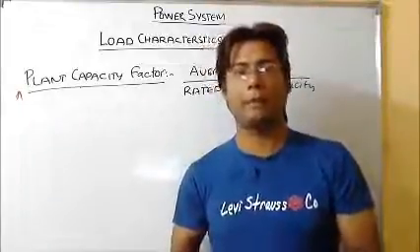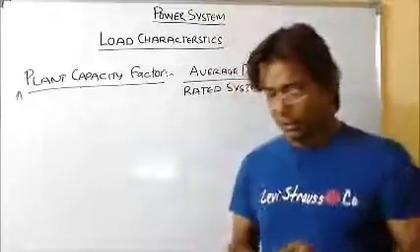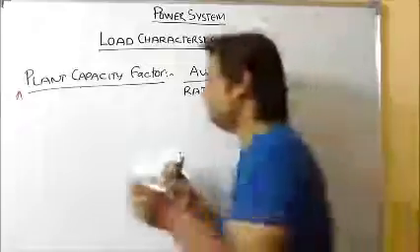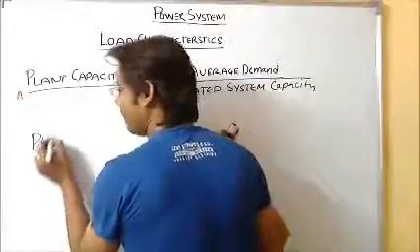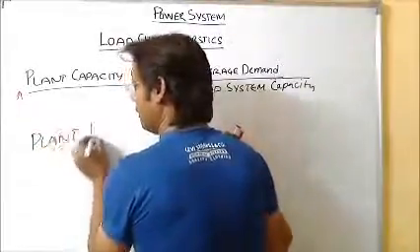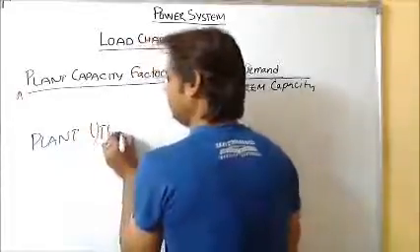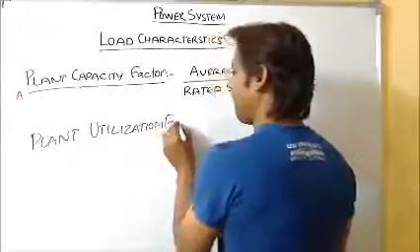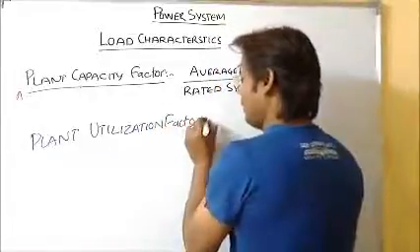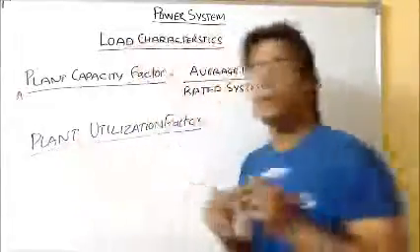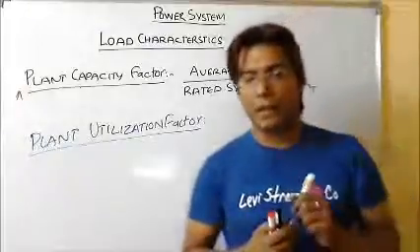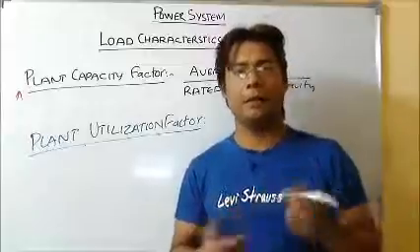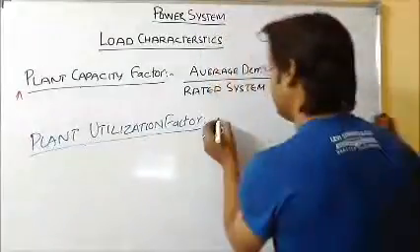One more thing is called the plant utilization factor. The plant utilization factor is actually the maximum demand divided by the rated system capacity.